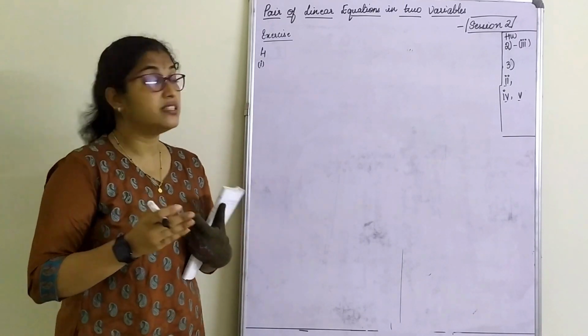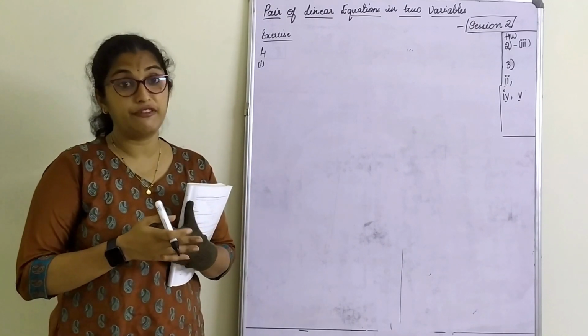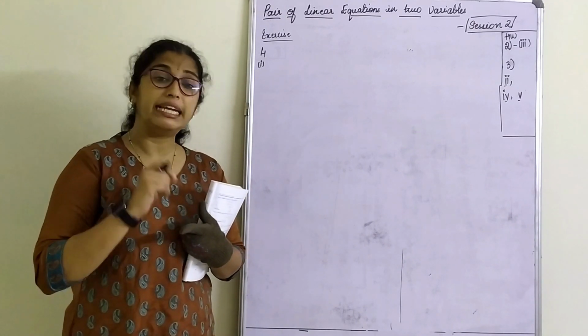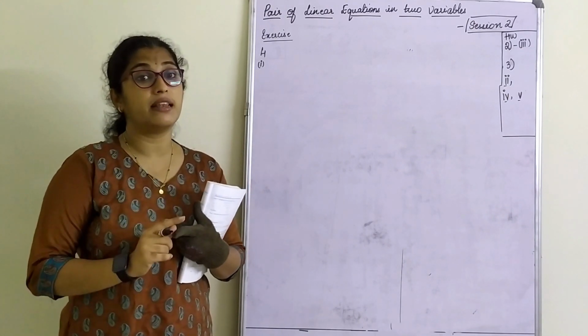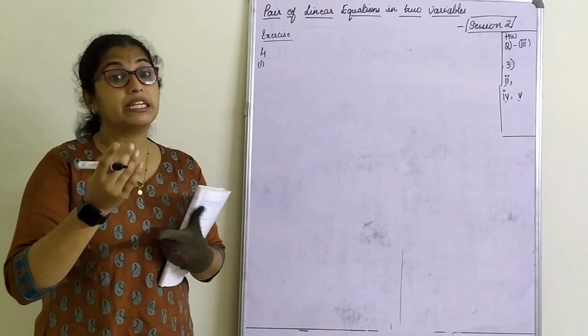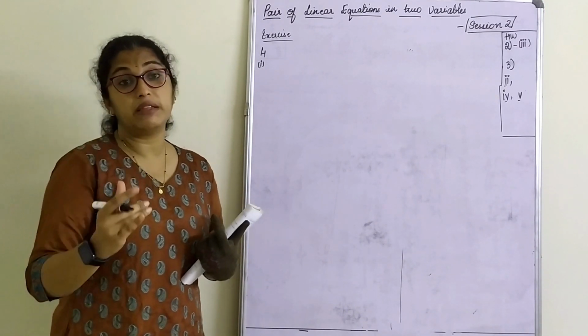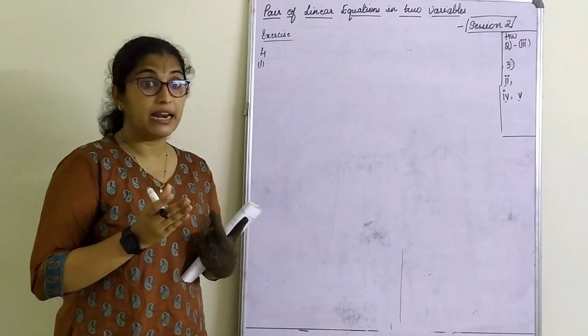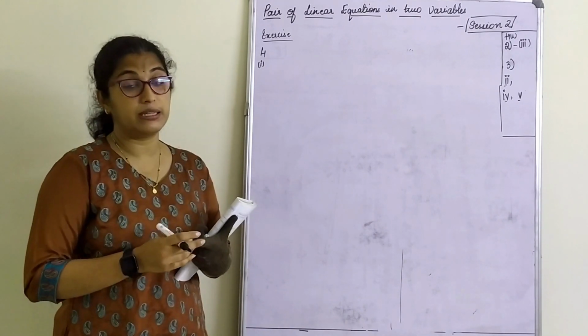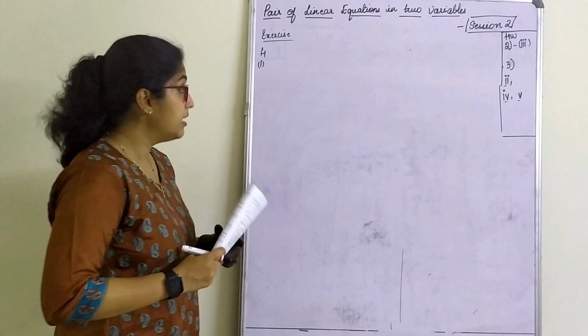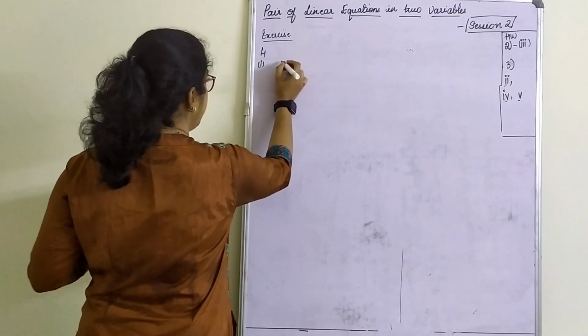If they are consistent, only then we can draw the graph. We can have only intersecting lines and coincident lines in the graph. But if the lines are parallel, then we cannot draw the graph since they are inconsistent.